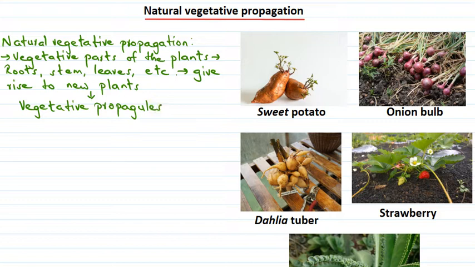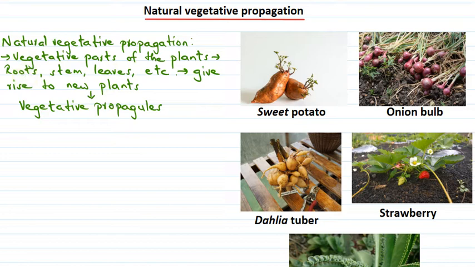A vegetative propagule is a vegetative structure that can detach from a parent plant and can give rise to a new plant. They have the ability of detaching themselves from their parent plant, and then they give rise to new progeny plants.